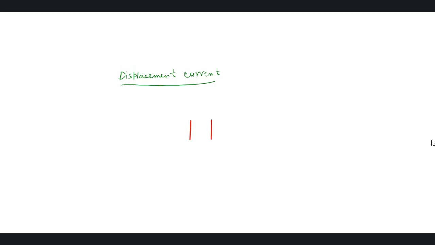So let's say there is a capacitor. These are the two plates of the capacitor, and this capacitor is connected across a battery or a charging device, we can say.